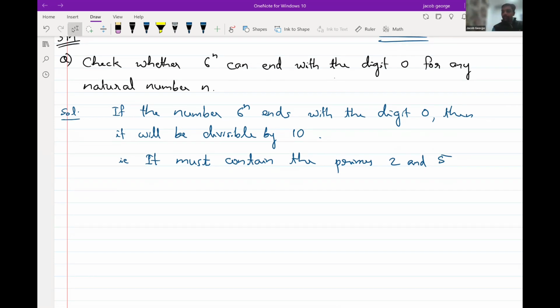But 6 raised to n is equal to 2 into 3, the whole raised to n. That is 2 raised to n into 3 raised to n.